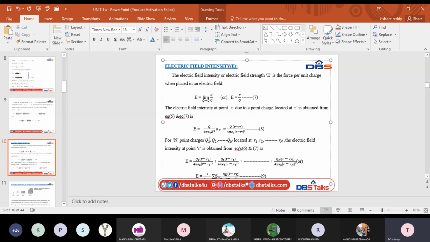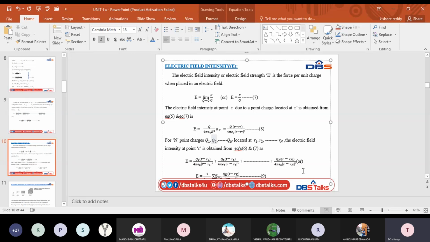Obviously, if there are n number of charges at n positions, having distances r1, r2 and rn, which means that q1 is at a distance of r1, q2 is at a distance of r2, qn is at a distance of rn from the origin position. So this can be substituted in the electric field intensity formula.